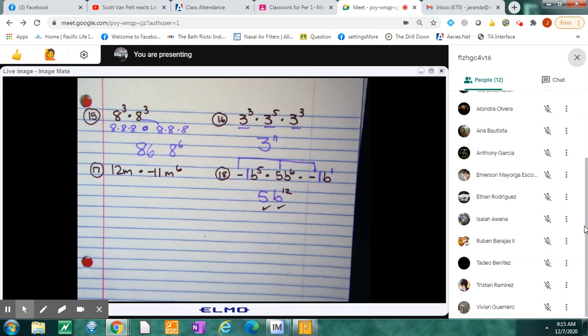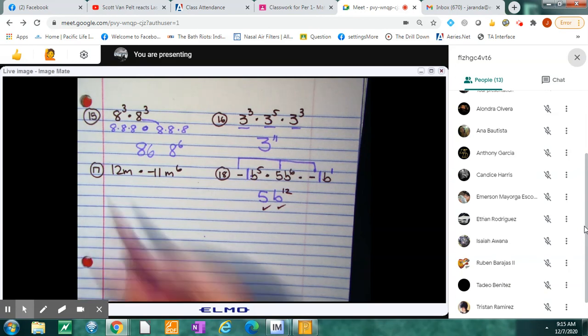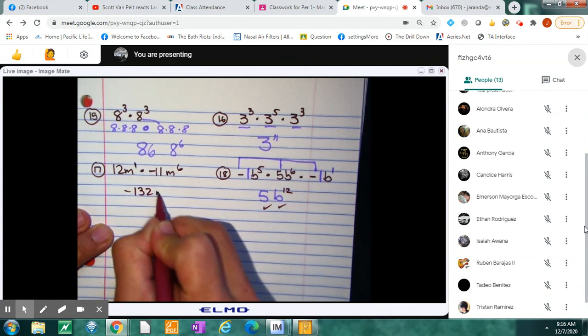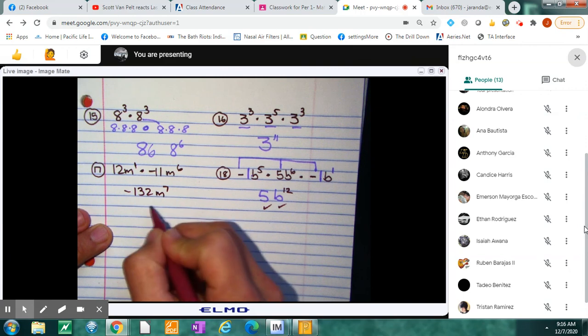I sometimes forget that. 132. So this one's negative 132. And remember, that's the m to the 1, so that's 7. M to the 7. All right.